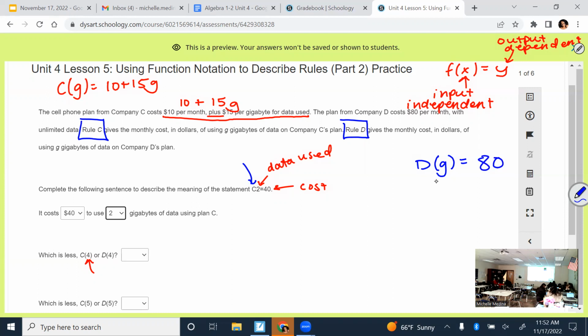For the data, but they have unlimited data. So are they charging anything for data like company C is? Yes, no.